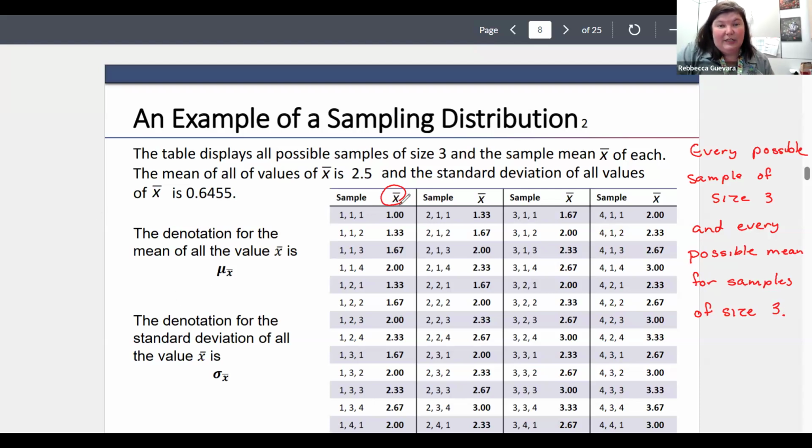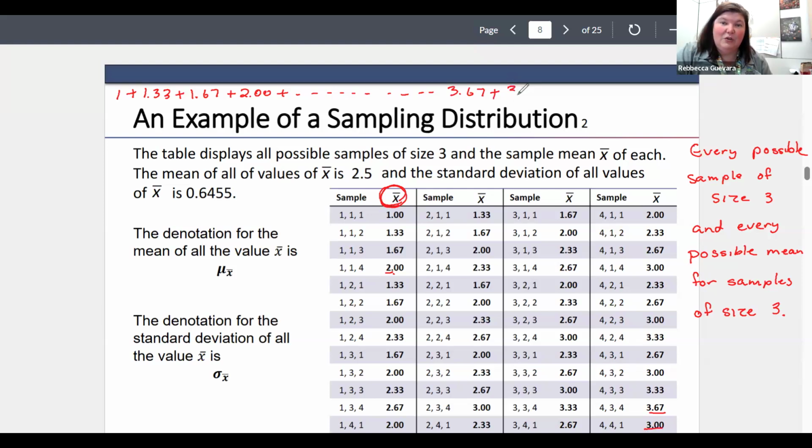So if I go through here and I take all these means, we got the 1, the 1.33, the 1.67, the 2.00, and we add all the way up to 3.67. My last one is the 3.